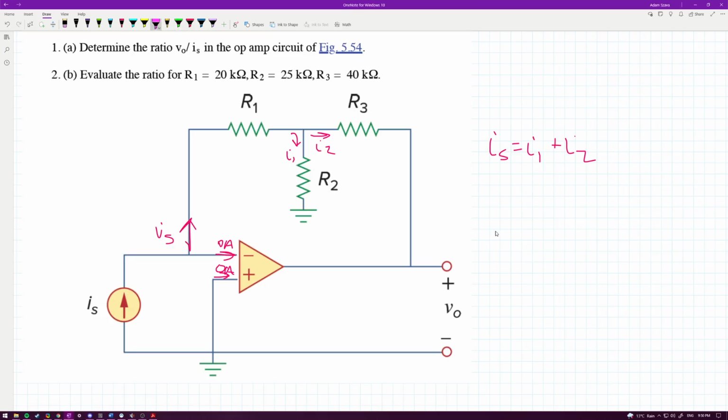So let's see. Let's just see. I mean, nodal is always useful, so let's just give it a try. Or should it be KVL? No. Okay, nodal seems to be fine.